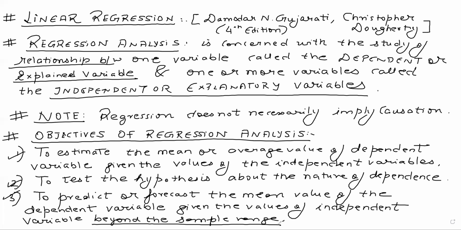For example, demand equation, supply equation, Engel's curve, which you have done with me in intermediate microeconomics. So all such relations, the Phillips curve relation, the Okun's law relation, which all of you have done with me in intermediate macroeconomics, we will now be studying through regression.